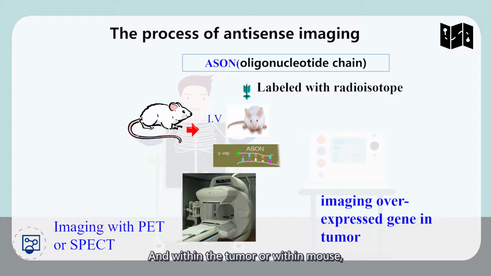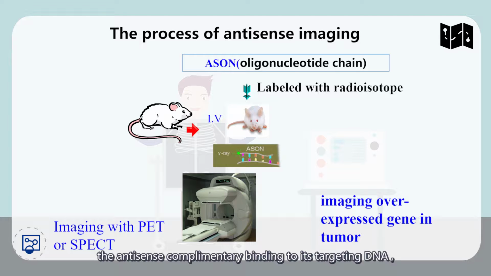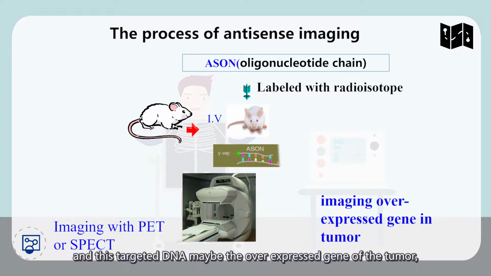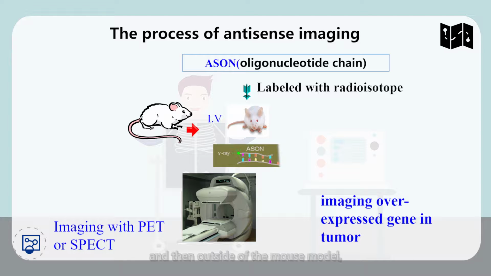Within the tumor and within the mouse, the antisense complementarily binds to its targeting DNA. And this targeting DNA may be the overexpressed gene of the tumor. And then outside of the mouse model, we image it with PET or SPECT examination. Then we can find this overexpressed gene.